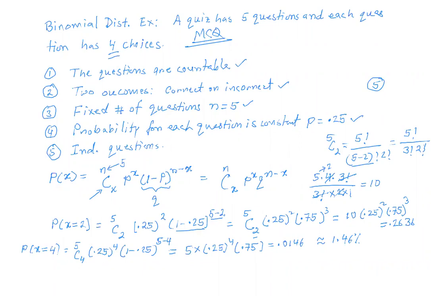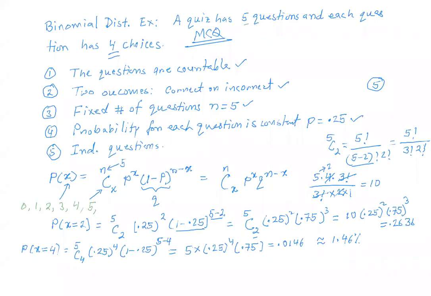So now one question I would like to ask: what values can x take? What are the possible values that x can take? Remember, x could be 0, 1, 2, 3, 4, and 5. Even though in theory x could be anything beyond 5 too, here x could be at most 5, from 0 through 5.